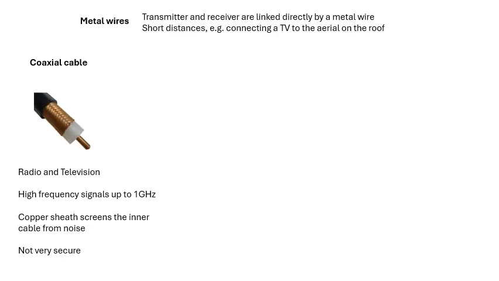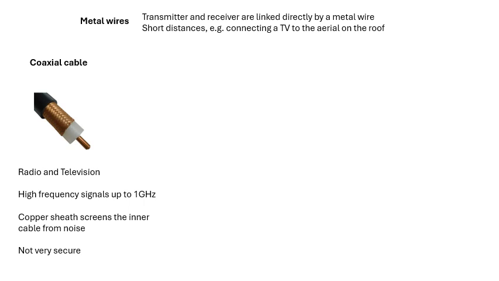So metal wires. The transmitter and the receiver are joined together by a copper wire. For example, there's the aerial on the roof and there's your television, and they're joined together by a copper wire. You've got coaxial cables, so called because they've got the same axis. Used for radio and television, high frequency signals up to about a gigahertz.